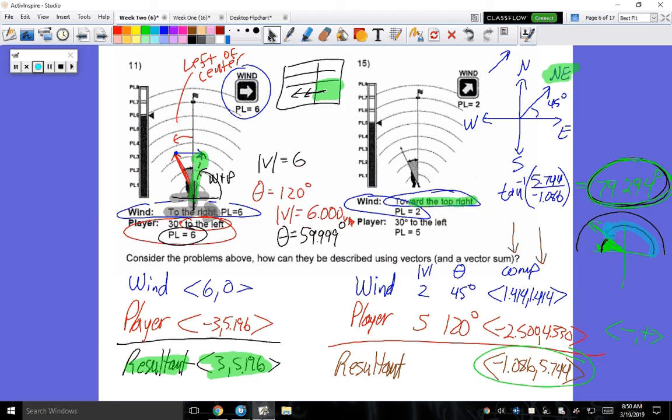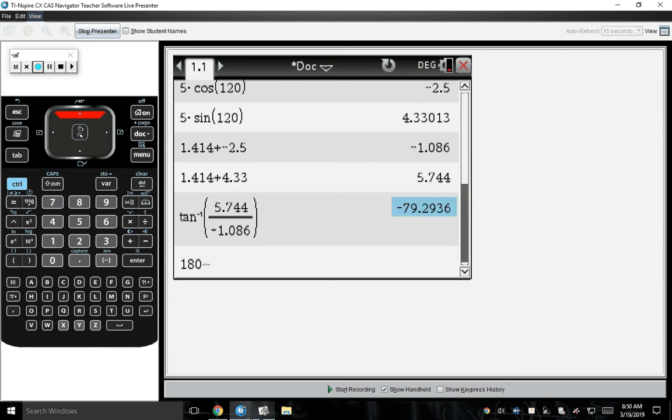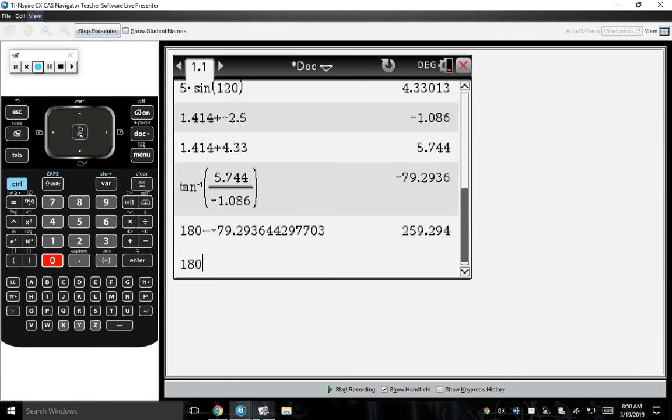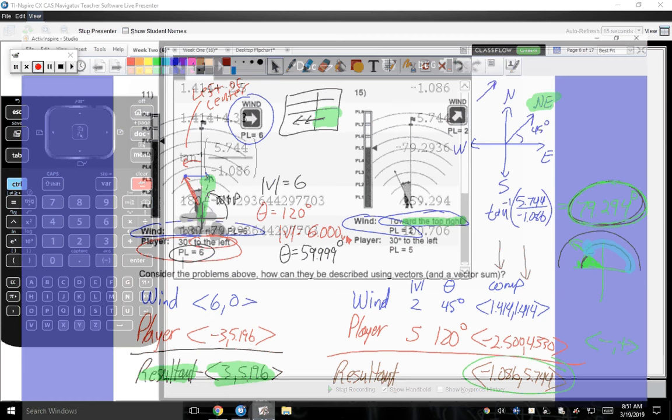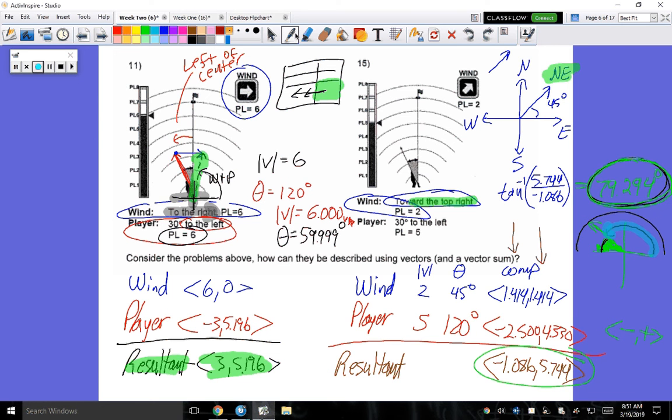Please, when you're doing this, don't make the mistake of saying 180 minus what I got, because that's not going to be correct. It's going to be 180 minus the positive version of this. So remember, no matter what, we're looking at it as a positive, and then you get 100.706. That is a common mistake. So 100.706 is the directional angle that the ball is going to be traveling at.